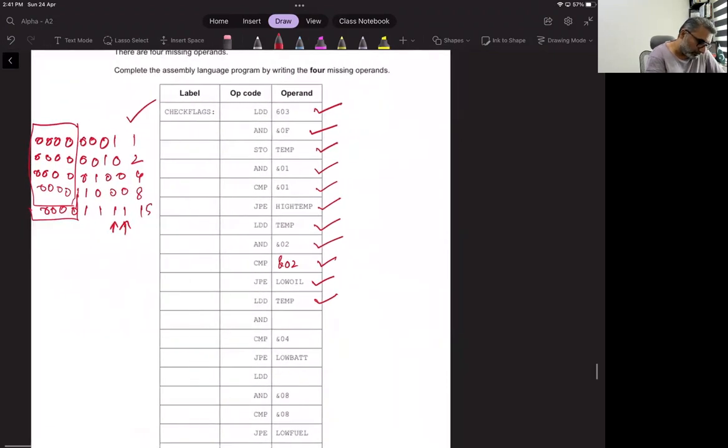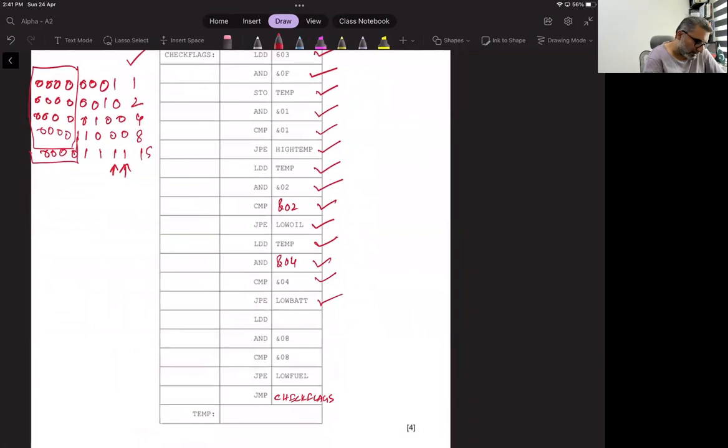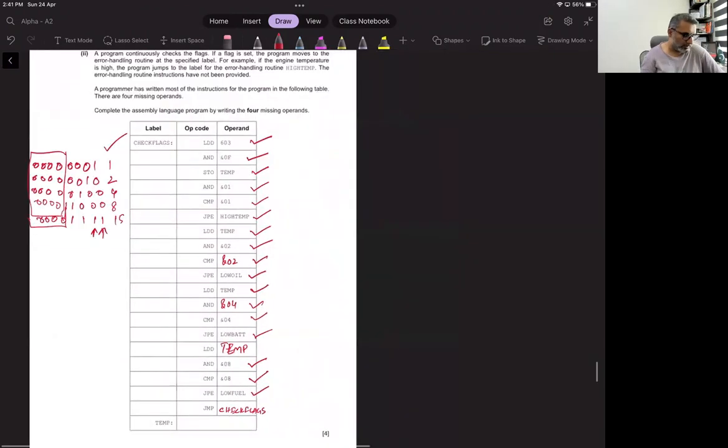AND with 4. Compare with 4. Jump to low battery if it is equal. Load temporary. AND with 8. Compare with 8. If it is equal, then low fuel. So this is now done.